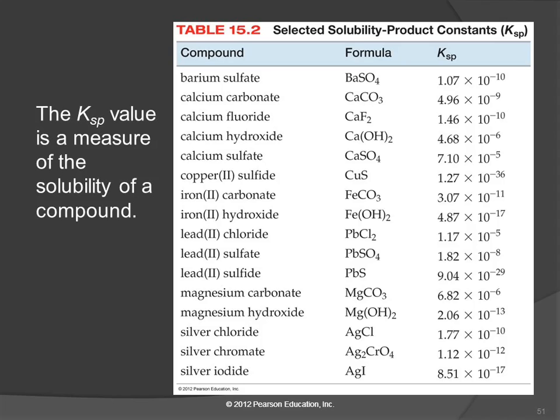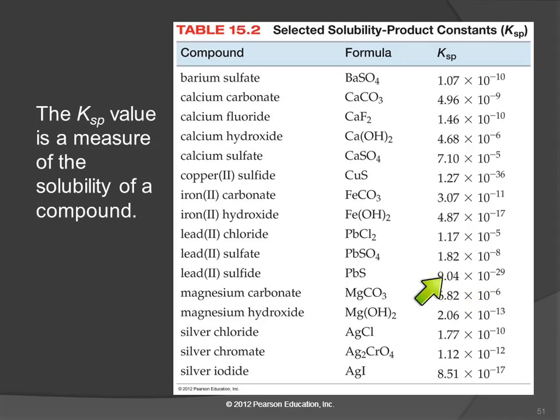So look at these numbers. Some of these are really small, like lead 2 sulfide. If you remember from our solubility chart, lead sulfide was considered insoluble. And here it has a solubility product constant of 9 times 10 to the minus 29.